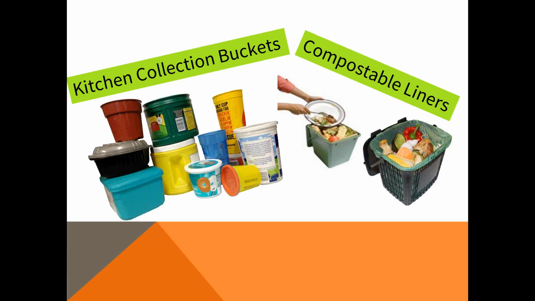If you're not going to encourage them to buy a kitchen caddy like what's on the right side of your screen, or if you don't have those to give away for free, then collect some samples of kitty litter containers or yogurt containers or little tubs, or just have a list of containers they can buy at their local hardware store, because you'll want to help them get started with their kitchen collection so they get over the yuck factor.